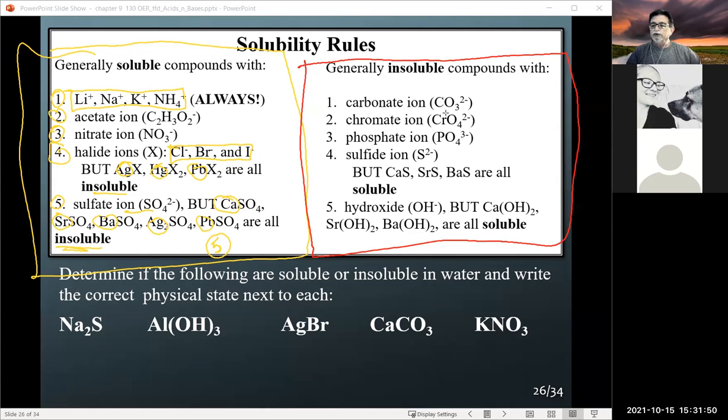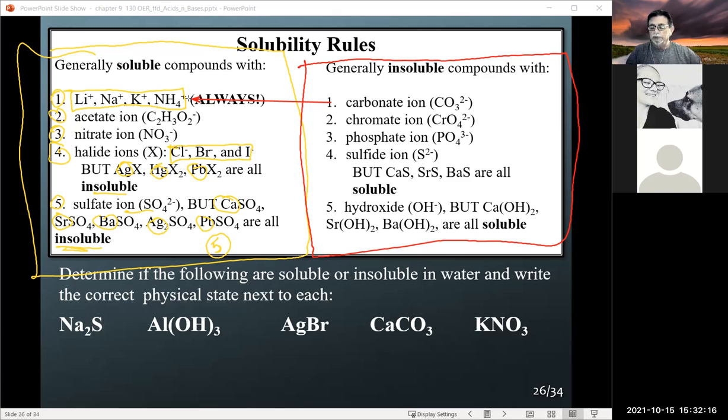Anything bonded to the carbonate, regardless of what it is, is insoluble, except, guess what? The big 4. So there are only 4 examples of carbonate that are soluble. Everybody else is insoluble. Copper carbonate, insoluble. Lead carbonate, insoluble. Sodium carbonate, soluble.